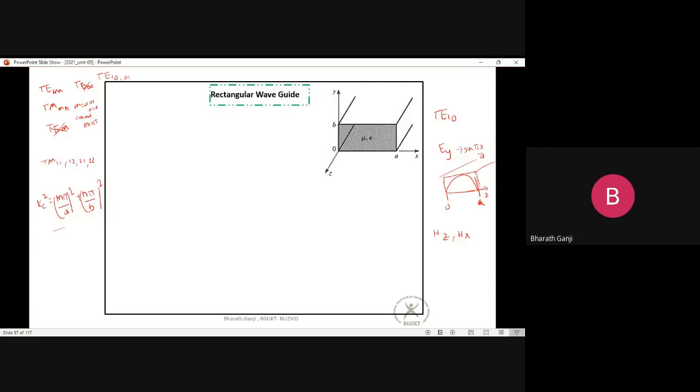So we already saw the cutoff frequencies and the propagation phenomena. The remaining things we need to deal with are the attenuation, the intrinsic impedance, what the impedance inside the waveguide will be, what the wave impedance is, and what the attenuation constant alpha is if you are dealing with losses.